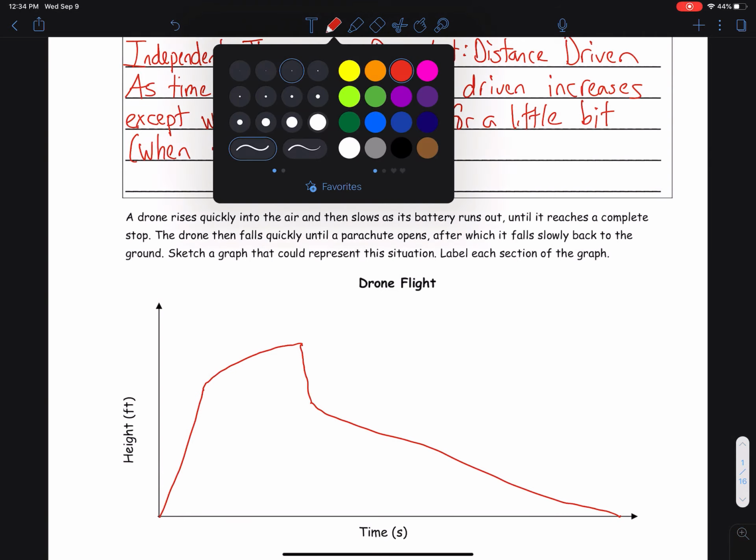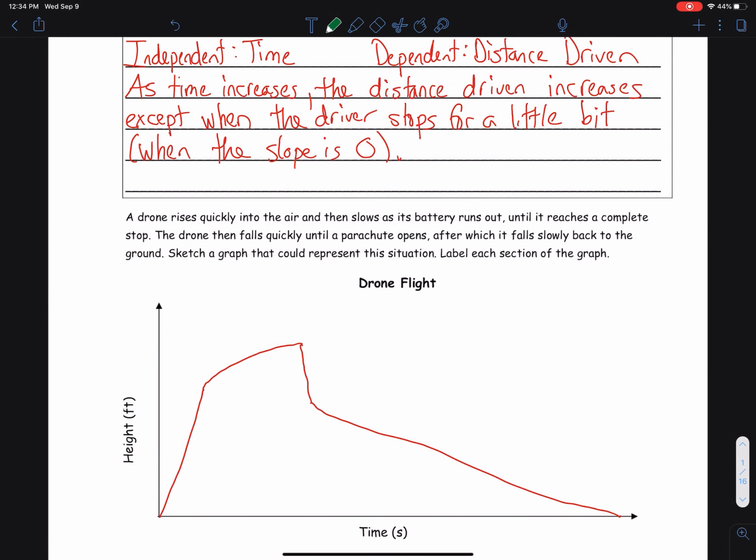So let's label each of these parts. In the beginning, that's when the drone is rising quickly. And then after it rises quickly, the battery runs out, so it slows down a little bit. I'm just going to say it slows until it reaches a complete stop at the highest point.